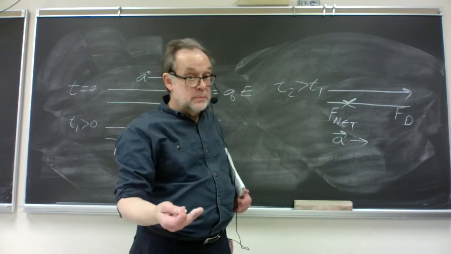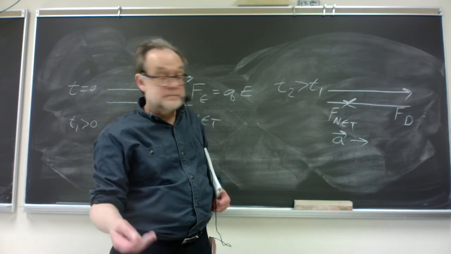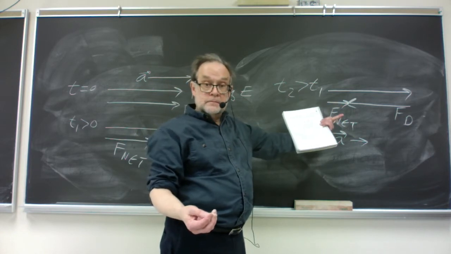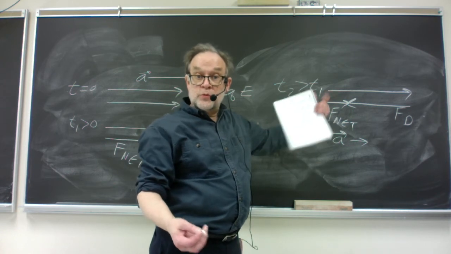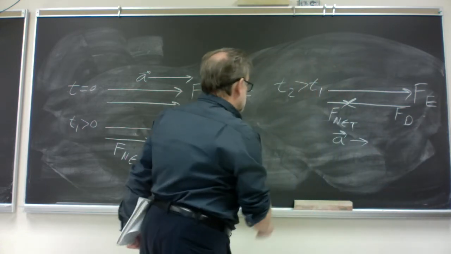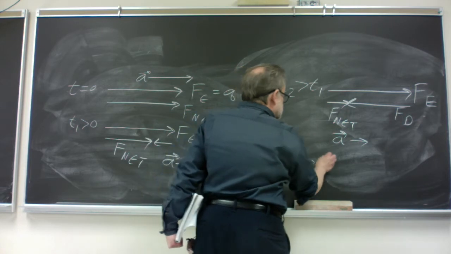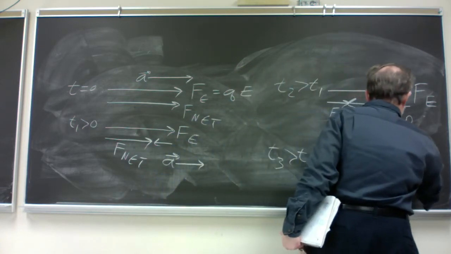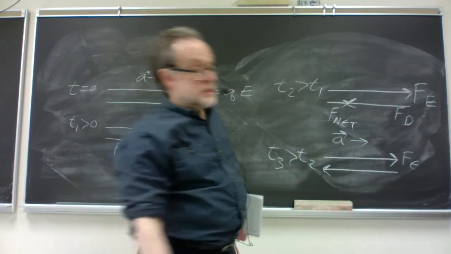There's still some acceleration, so the charged particles are still gaining velocity in the forward direction. So they're still speeding up, and as long as they're speeding up, the drag force is increasing. So the drag force keeps on increasing until it gets just as strong as the pushing force from the electric field. So at some later time after this, the force from the electric field is just as strong as it always was, but now the drag force is just as strong as that.